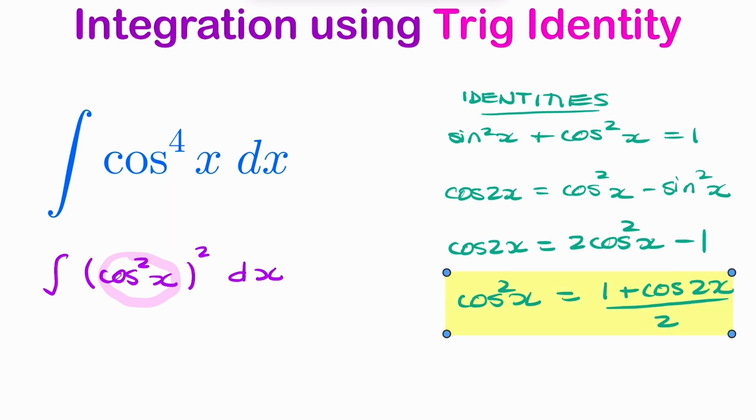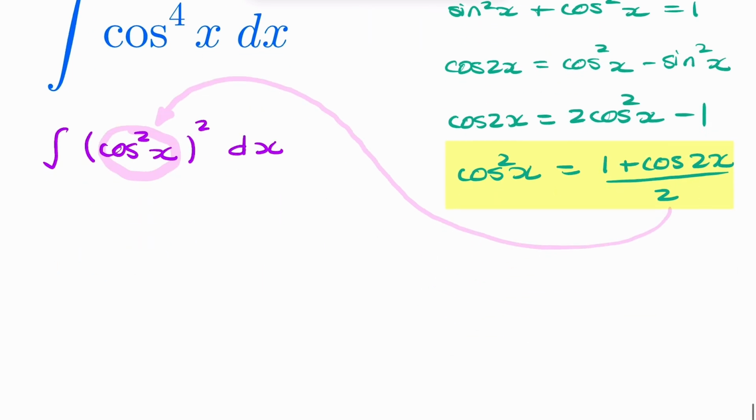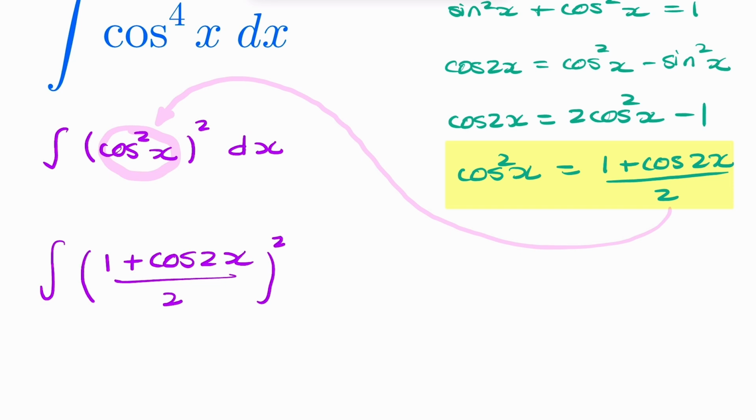That is a really helpful identity, you either remember it or know how to derive it, and that's how we would deal with the cosine squared. So I'm going to replace my cosine squared with what I just discovered, which is 1 plus cosine 2x divided by 2, and all of that is going to be squared.